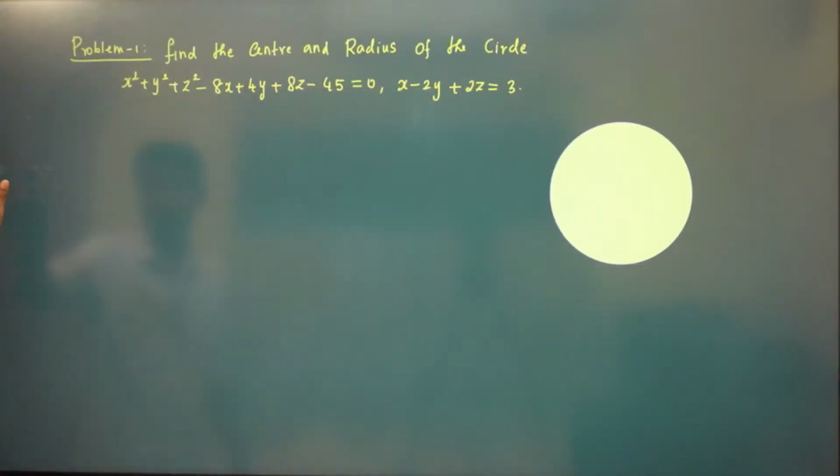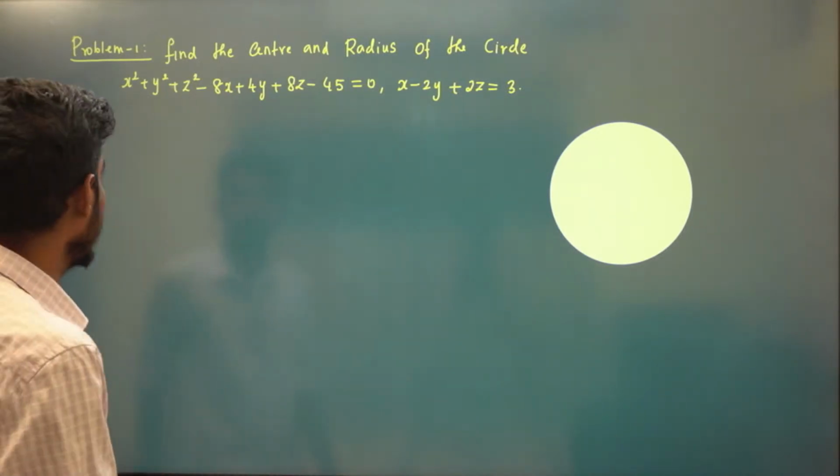So we'll find the center and radius of the circle. They have given the equation of the sphere, right?